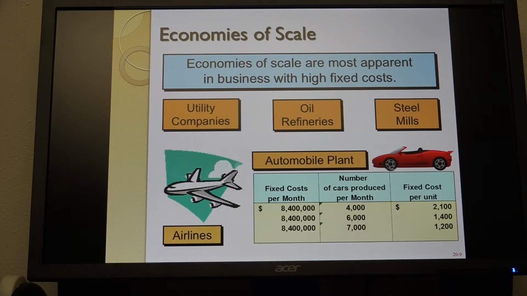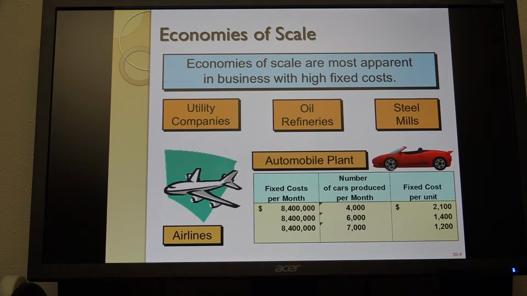And so, because why? Well, the fixed cost per unit goes down over time. The higher the activity, I guess I should say.